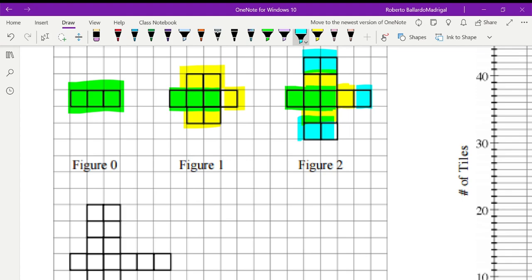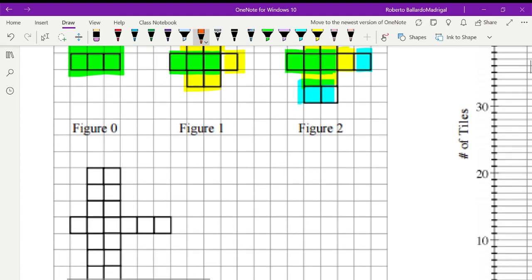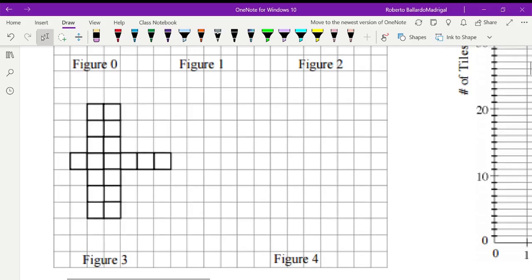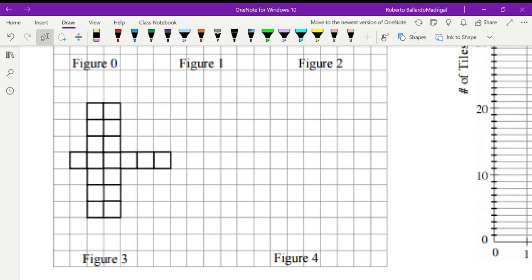Okay, so now we can draw figure 4, because we can kind of get an idea of what we're supposed to get. So for figure 4, you're going to do the following, if you haven't already done it. You have 3 blocks to start with, and that is from figure 0. And then we said in figure 1, we added 2 on top, 2 on the bottom, 1 to the right.